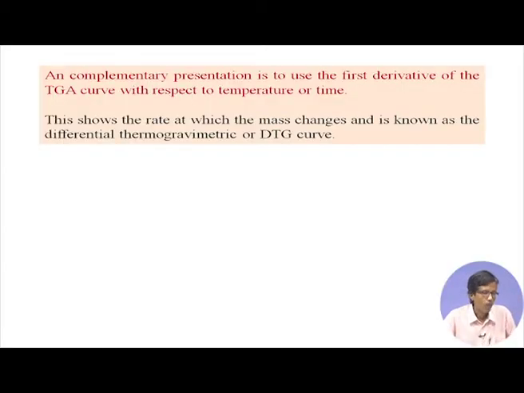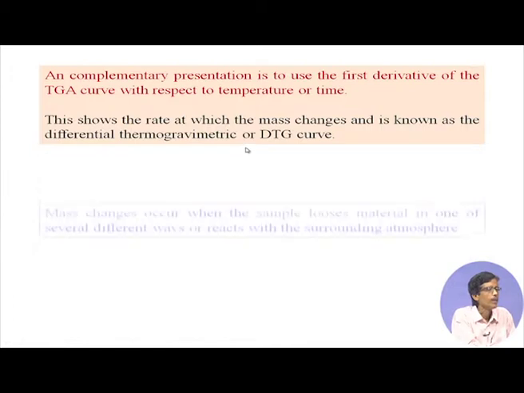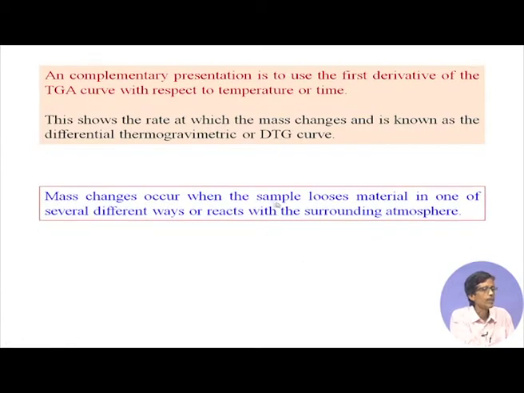So, what we see so far is the DTG curve, and then the mass changes in that case. Why it goes for the corresponding mass change is that the sample loses some amount of material in one of several different ways, or it reacts with the surrounding atmosphere. So, it loses mass, as I told you just now, if you have a calcium carbonate sample or a magnesium carbonate sample.